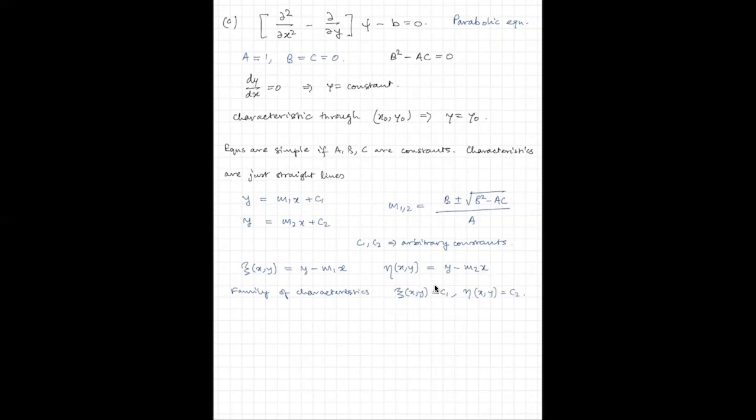So we can recast the original PDE in terms of these eta and xi, or equivalently, we can also recast it in terms of x and y, where x is xi minus eta by 2i, and y is equal to xi plus eta by 2.